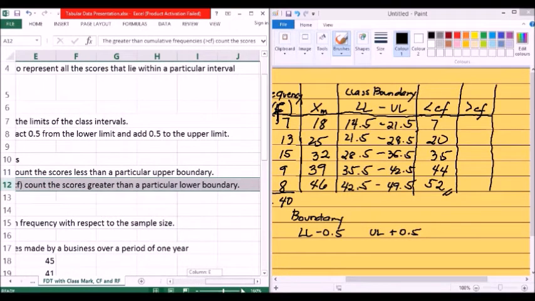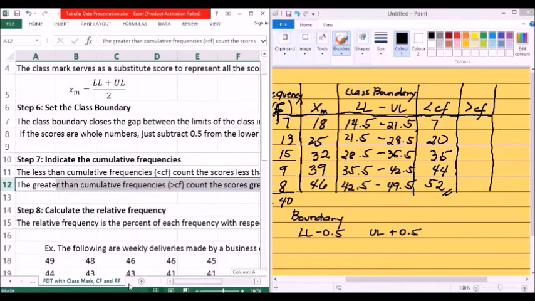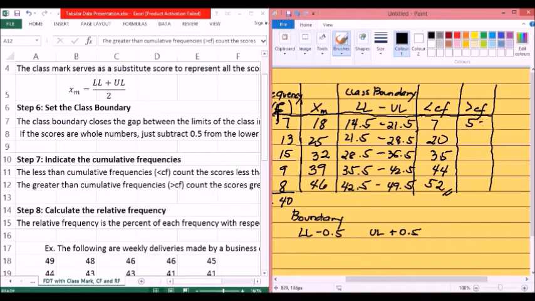So, halimbawa, tinanong sa inyo, how many scores are greater than 14.5? Siyempre, hindi 7 ang sagot kasi ang lahat-lahat po ng ating scores ay 52. So, dapat nandito ay 52. Okay? So, ilang scores daw ang mas mataas sa 21.5?